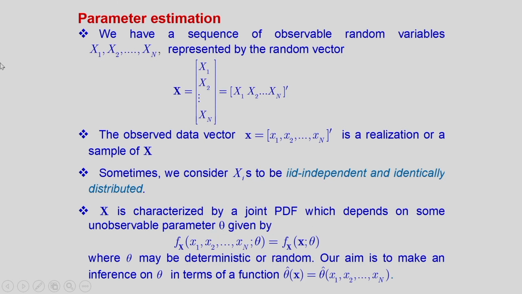We can write the joint PDF in terms of the parameter theta, and in the vector notation we will omit this x also. So, this will be simply f of x, theta.